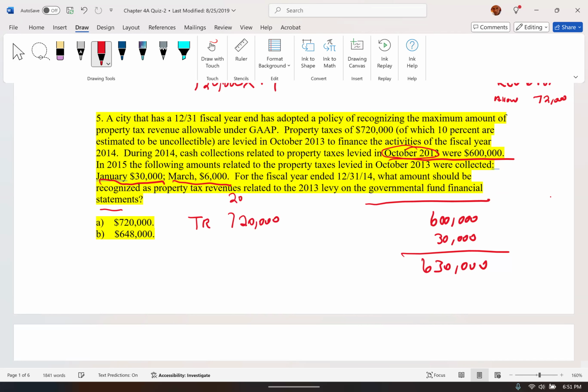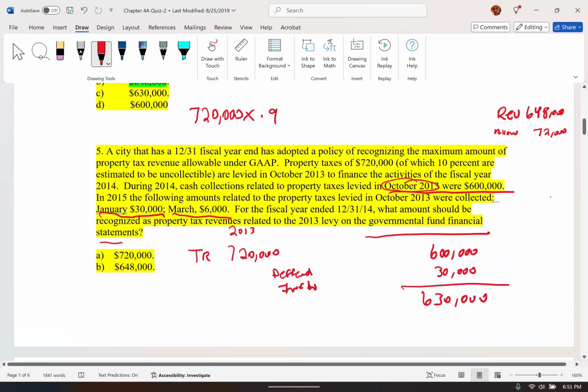This is 2013. We credit, and in 2013 it is deferred inflow, for the, what is it, 648?